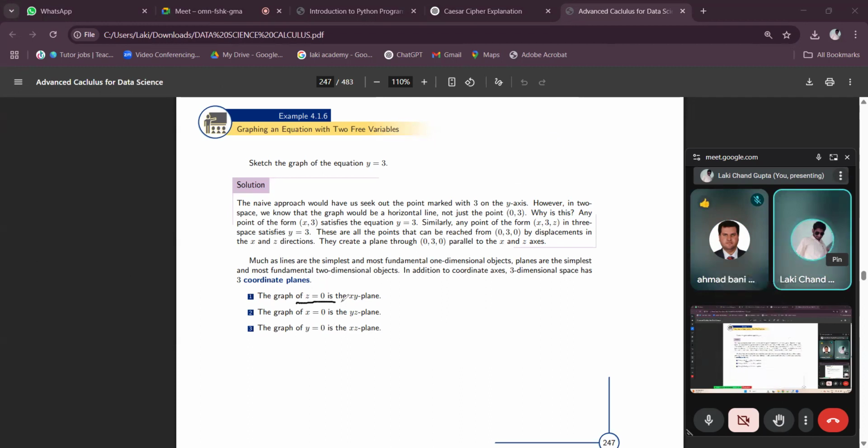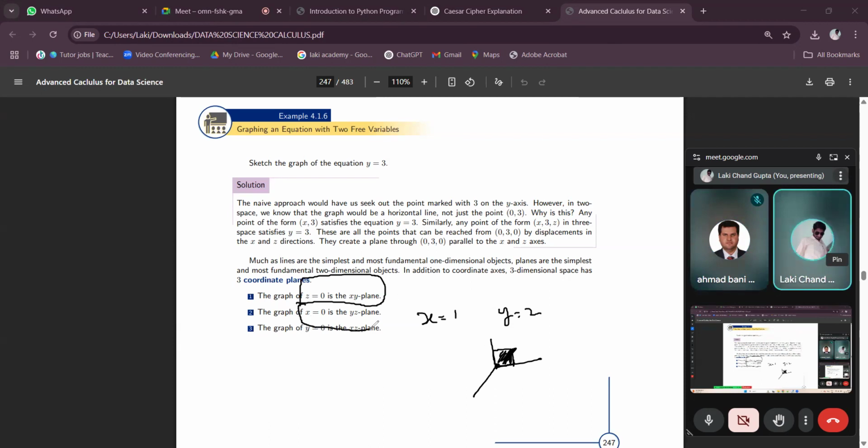When z is equal to 0, it is called the xy plane. Why? Because the value of z is 0. So the values of x, let's suppose this is 1 and this is 2, and y is 2, we will create a plane, because the z-axis is absent.